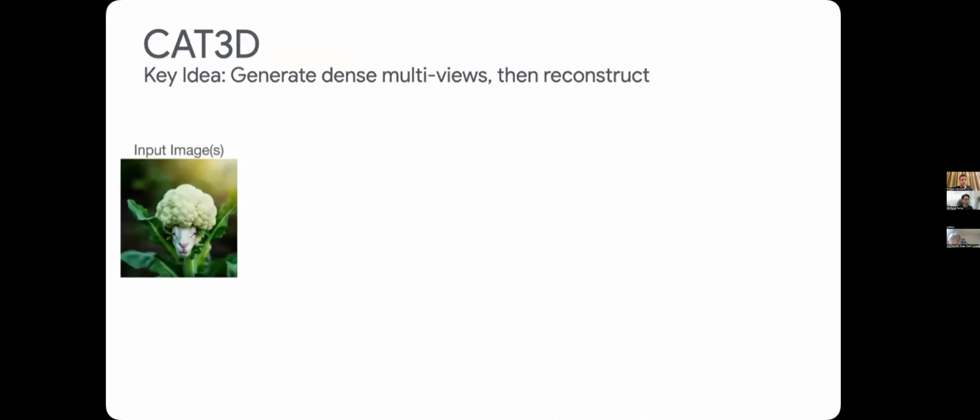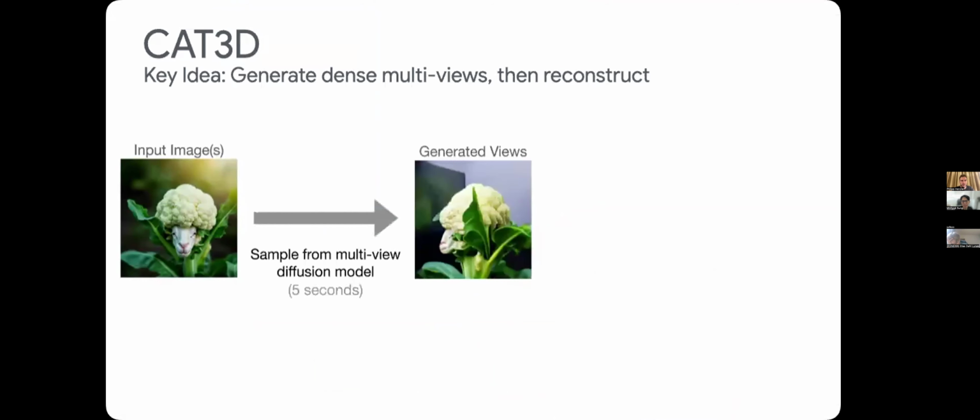So once our diffusion model is trained, we then propose a two-stage setup to reconstruct the results. Here, given some input views, we use the multi-view model to generate a dense set of views of the desired scene, as you can see here. And then we simply reconstruct those views using a relatively standard NeRF pipeline.